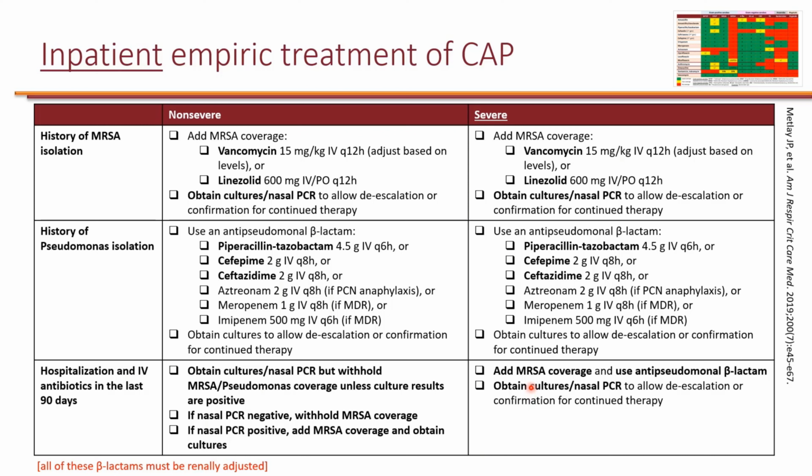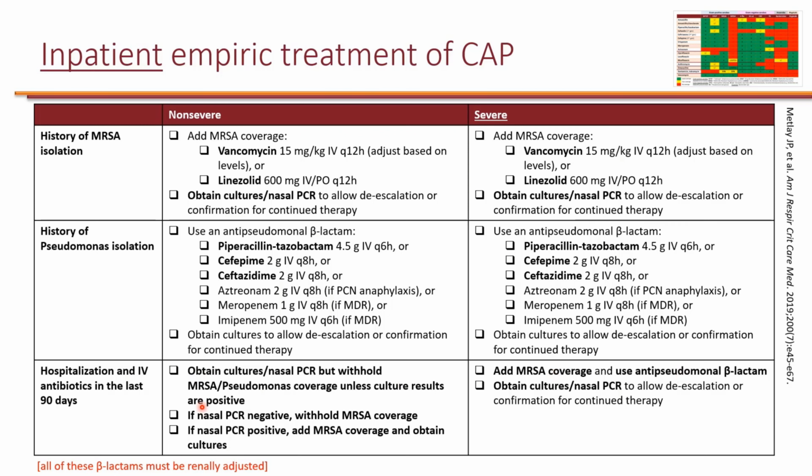Now, for severe, you don't want to do that because of the increased risk of mortality. So, you get the culture and nasal PCR, but you actually go ahead and add the MRSA coverage and anti-Pseudomonal beta-lactam while you wait for the results. So you do not want to wait for the results to start these agents because of the increased risk of mortality.